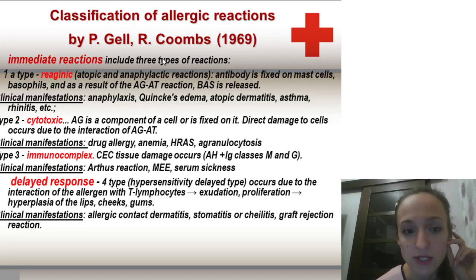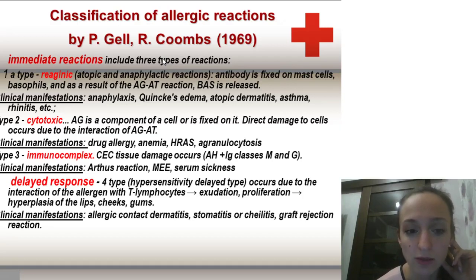Clinical manifestations are anaphylaxis and Quincke edema, atopic dermatitis, asthma, rhinitis, etc. The second type is cytotoxic. Clinical manifestations: drug allergy, anemia.